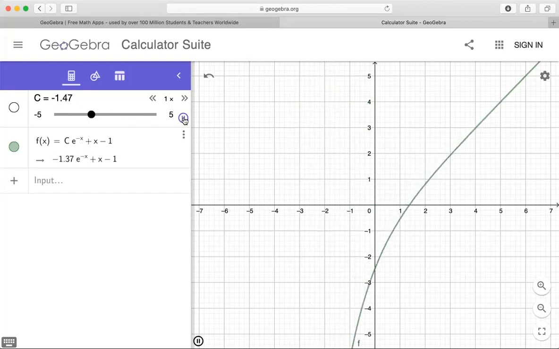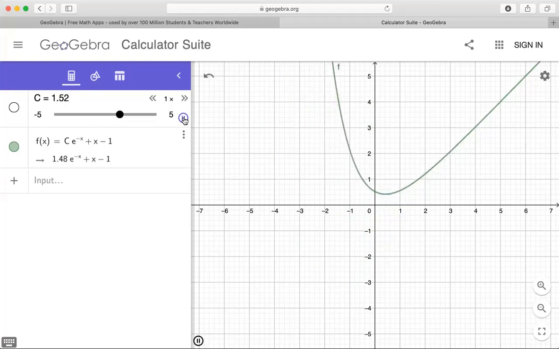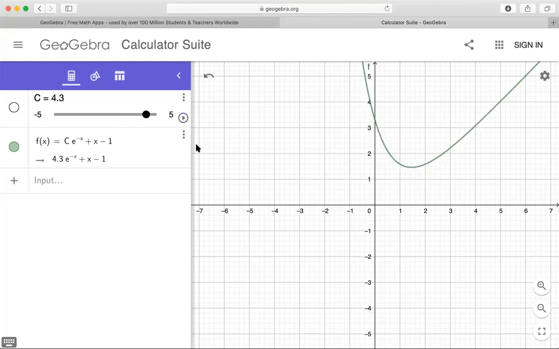Whoa, okay, so it suddenly flipped. I guess that was when c equals 0, we get a straight line. Okay, all right, so I see what's going on here. Let's just pause this for a second. What's going on is that when c is positive and x is very negative, then this term is going to grow really rapidly.